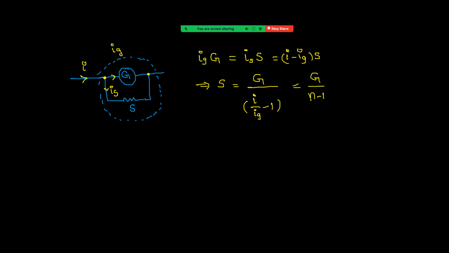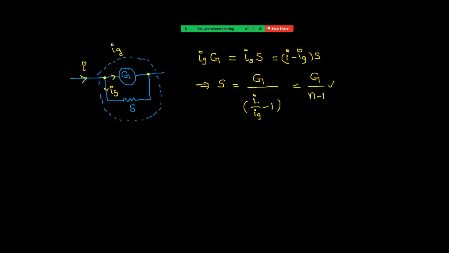That is N. So S equals G by (N minus 1). Using this result frequently, otherwise directly what we can do is always equate the potential difference across the galvanometer and across the shunt, which must be the same. That is the relation between shunt resistance and the resistance of the galvanometer.